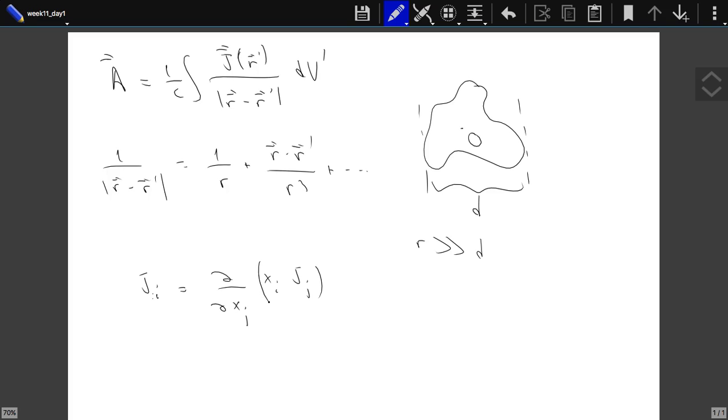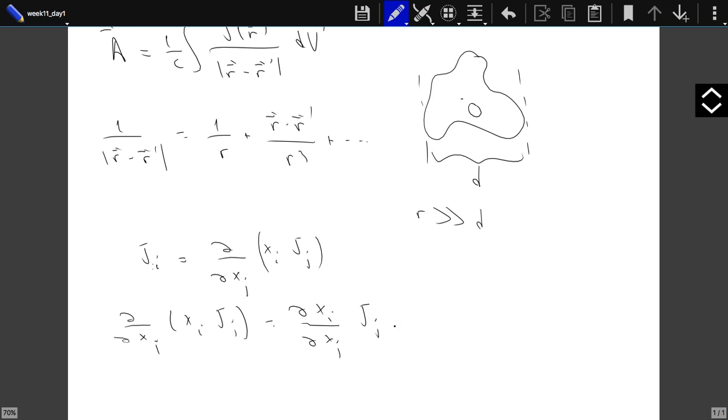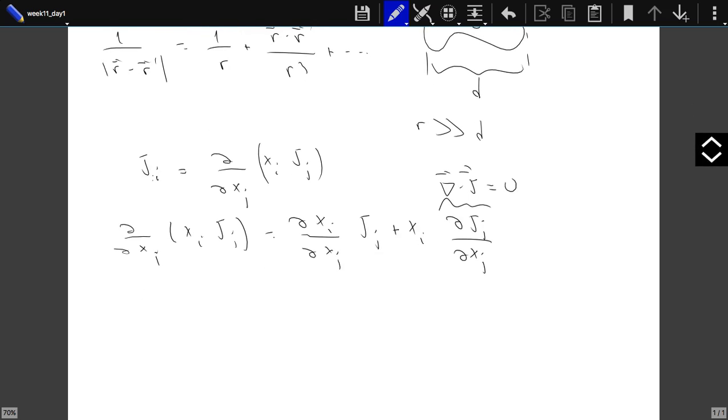I mean, if you want to write the most correct thing, del over del x_j of x_i J_j would be equal to the derivative of x_i with respect to x_j multiplied with J_j plus x_i times the derivative of the j component of the current density with respect to x_j. But this is the divergence of J, which is 0 in magnetostatics.